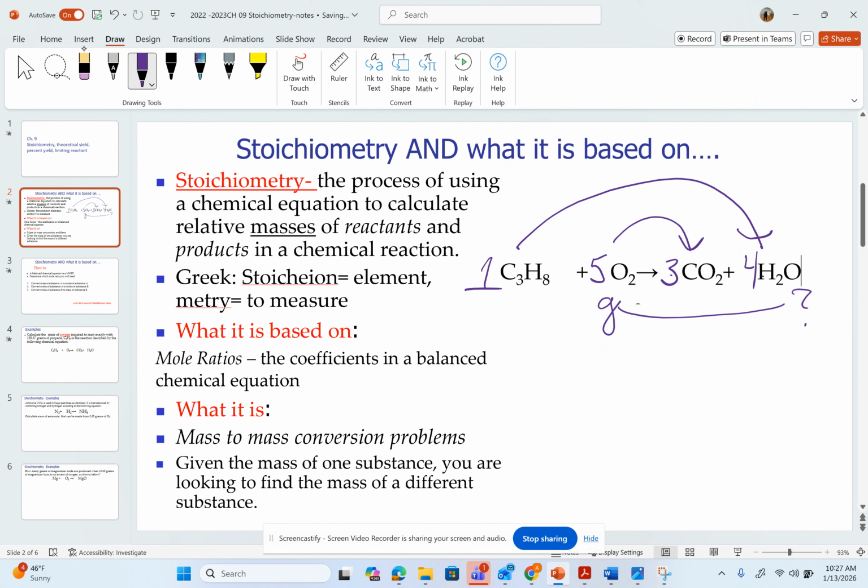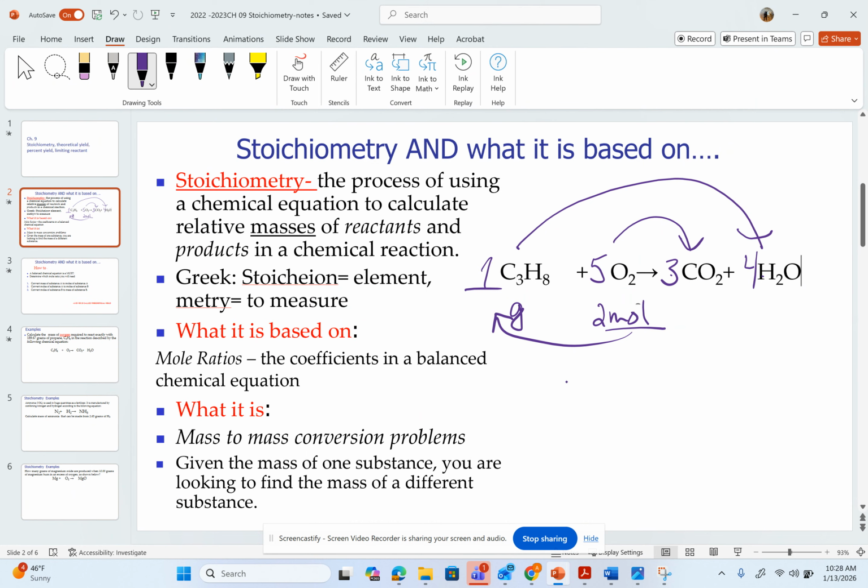Or I might be given 2 moles of oxygen, and I need to find out how many grams of propane is needed for the reaction to happen. So that is what stoichiometry is. You'll be given an amount of a substance, and you're going to have to figure out how much of something else is produced, or maybe how much of something is needed.